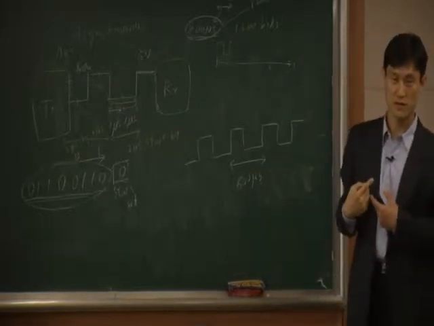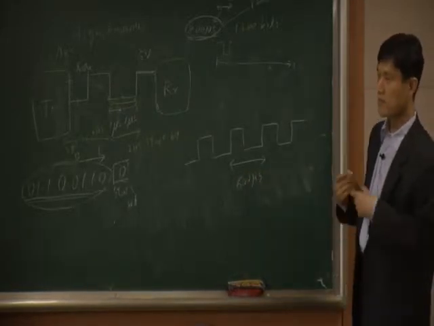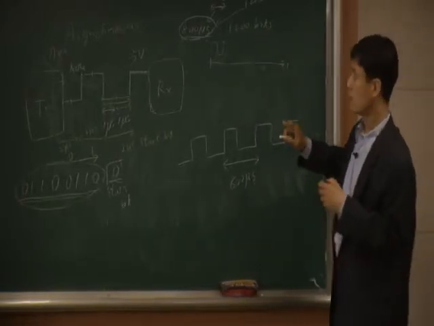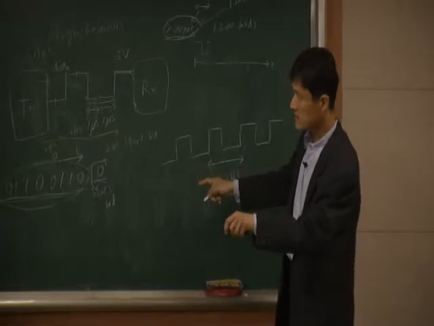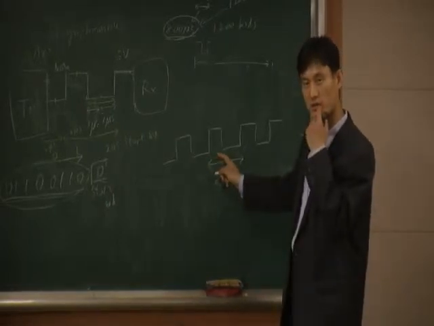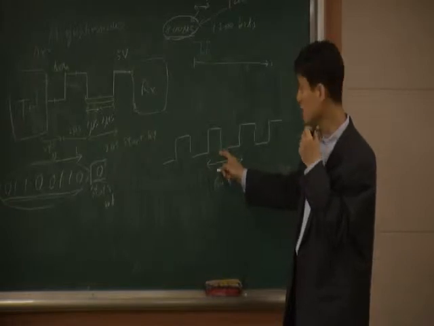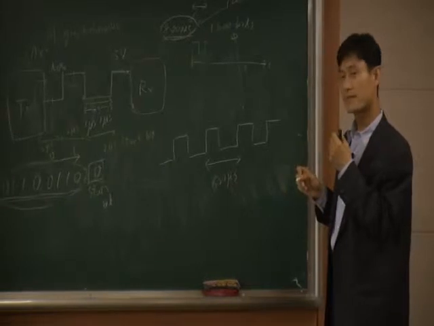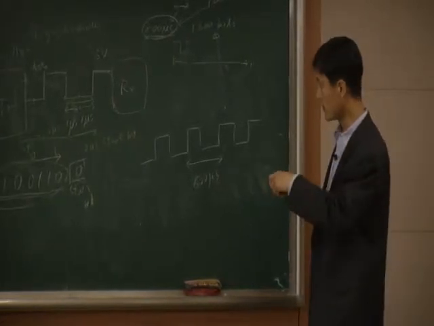That's what we want right here, because we want to use 1200 BPS. So therefore, we want to make this clock like this. This is what we want, because this one is same as 1200 BPS.